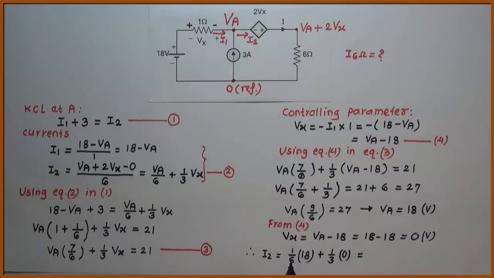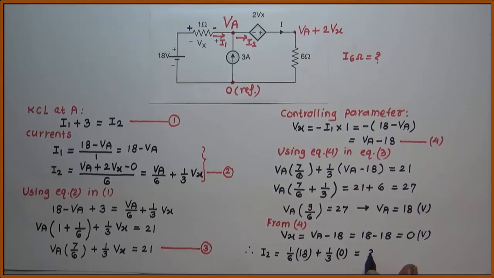That is equal to 18 by 6, that is nothing but 3 ampere. Therefore, I2 is equal to 3 ampere. This is the answer. Thank you very much.